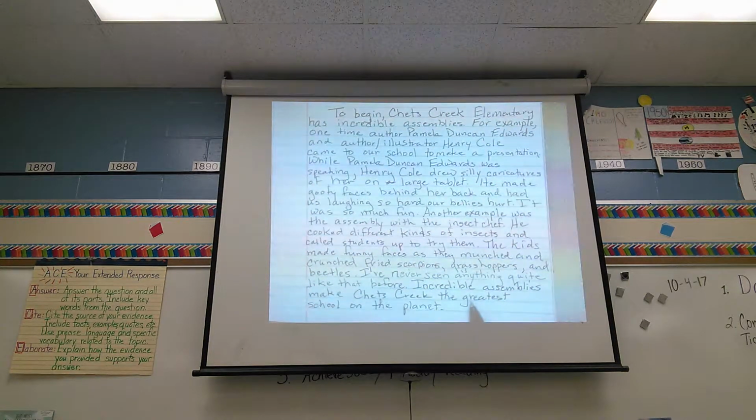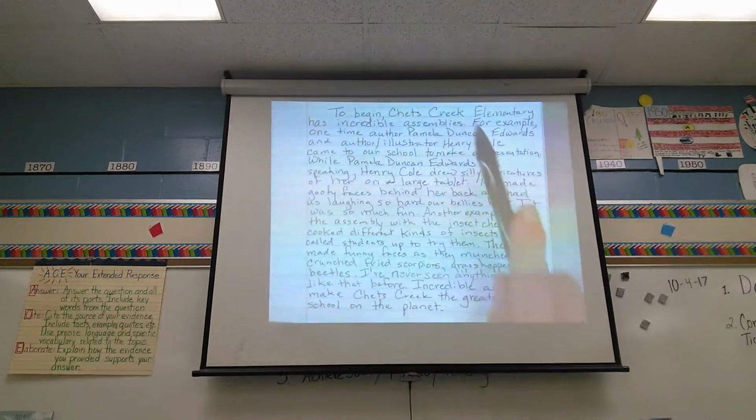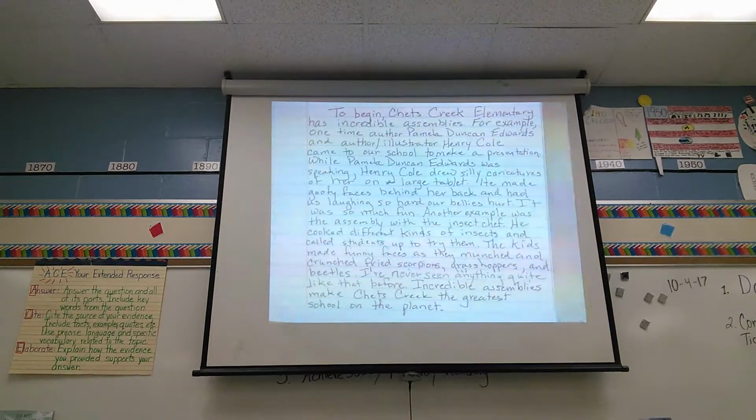At the very end of the body paragraph, it's important, remember, to remind the reader what our main idea sentence was about and to tie it back to the thesis statement. In this case, the thesis statement that I'm modeling this essay after has to do with Chetts Creek Elementary being the greatest school on the planet.